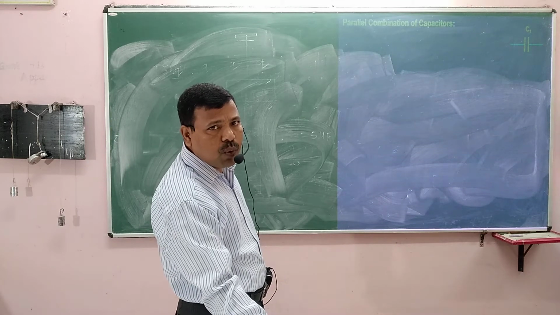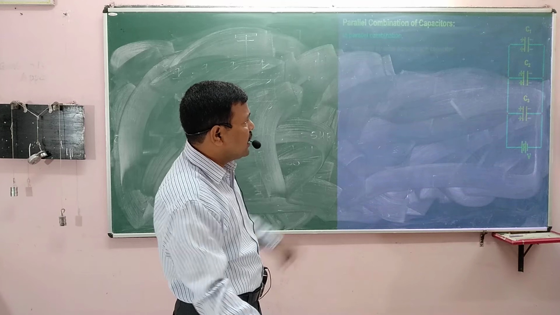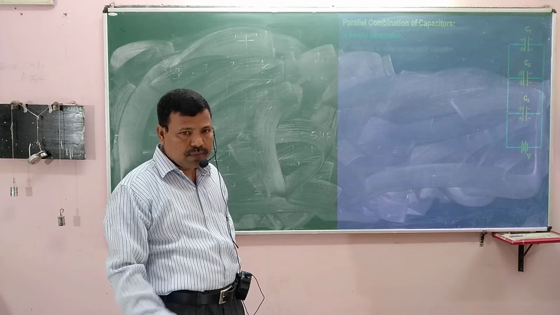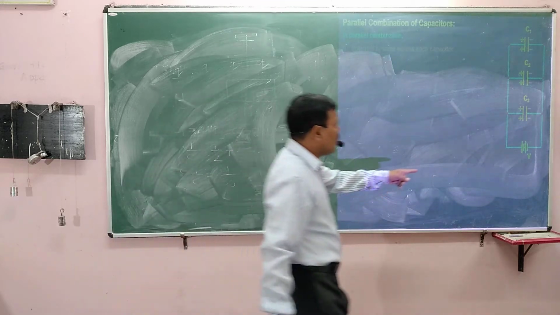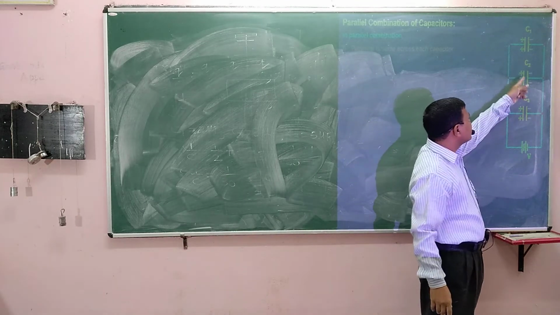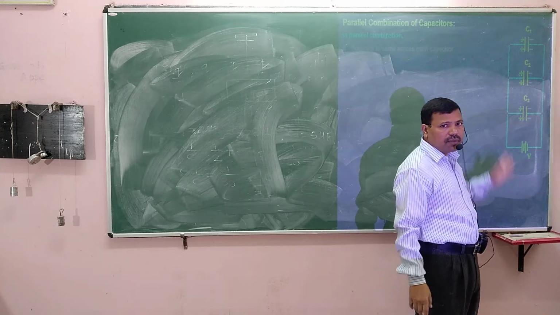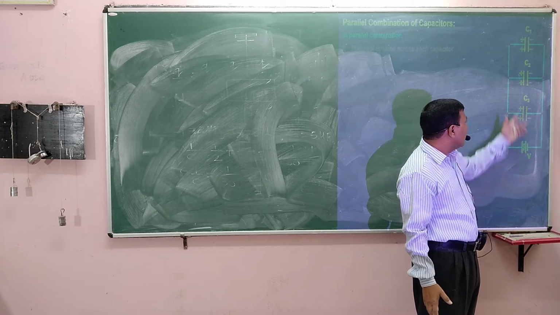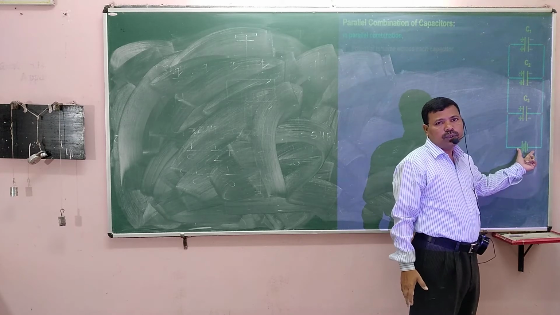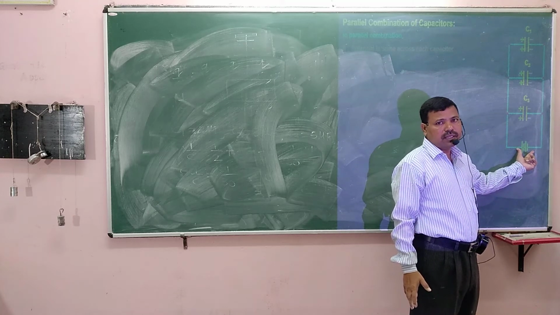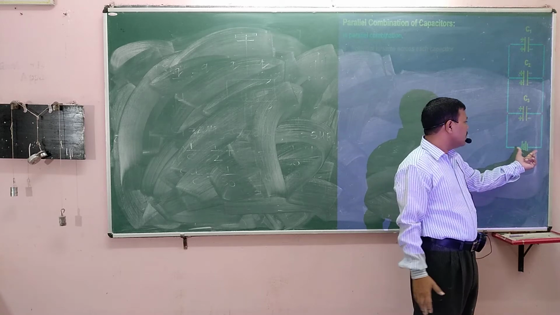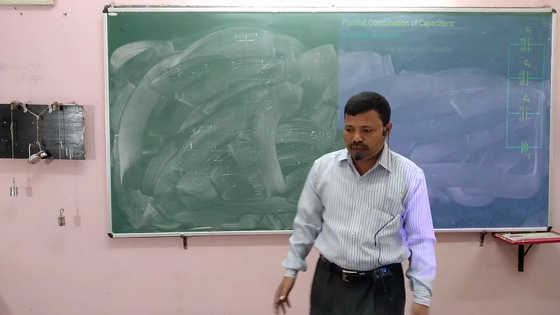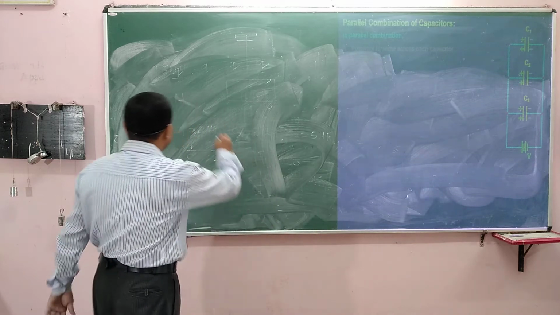When 3 or more capacitors are connected in parallel combination, C1, C2, C3, all of them are connected in parallel, and they are also connected to a source of electricity, that's a battery, of potential difference V.